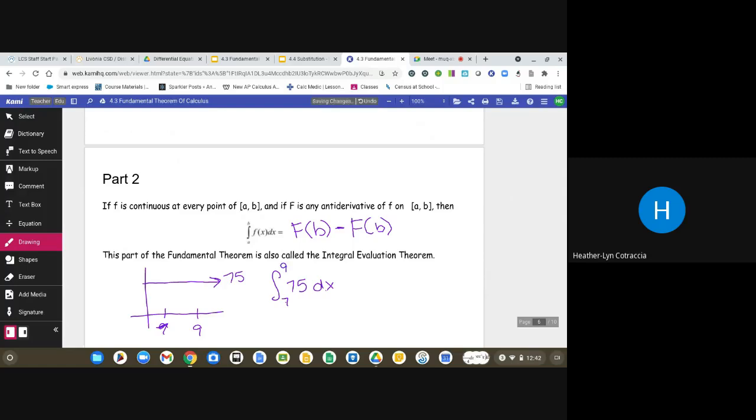And we said that the integral of that would be equal to 75 times 9 minus 7, which is equal to 75 times 9 minus 75 times 7. So that goes back to that. We've seen this. We're just now formalizing it. So we need to find our big F of x, and then we need to evaluate it at 9, and then at 7, or the upper bound, the lower bound, and then we subtract them.